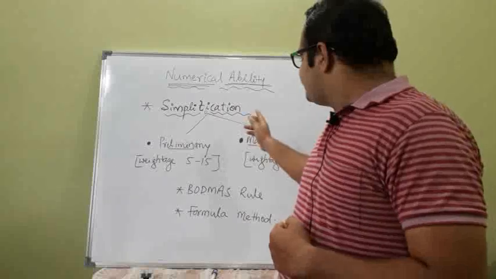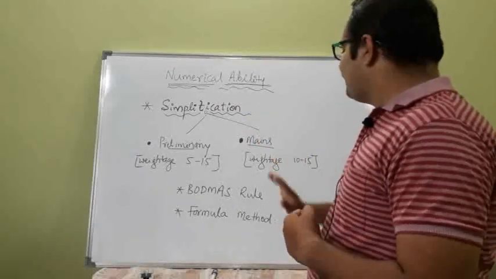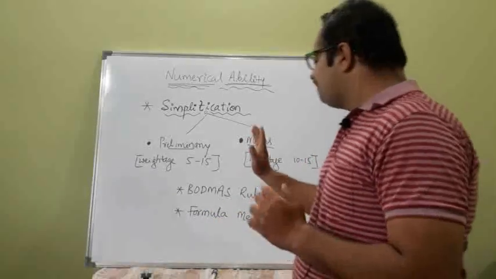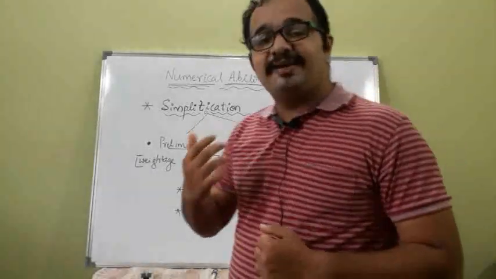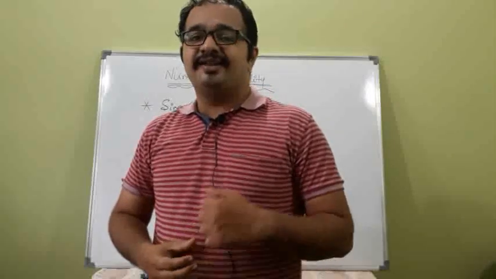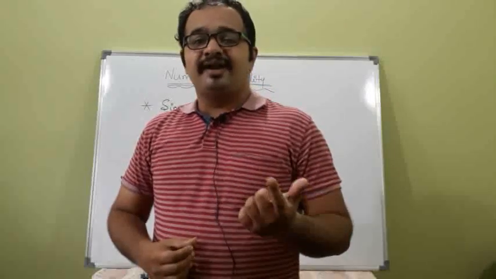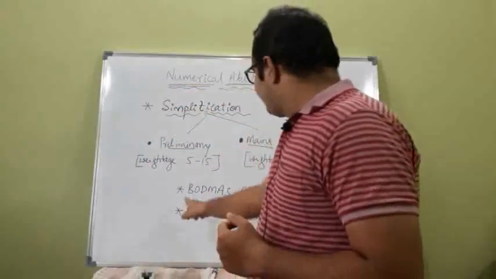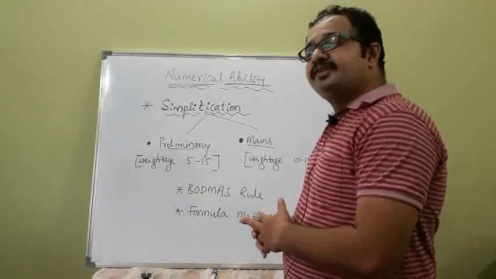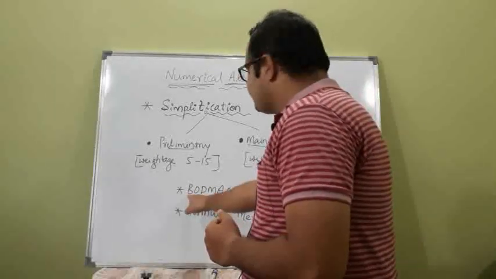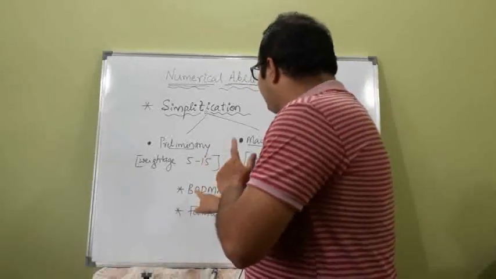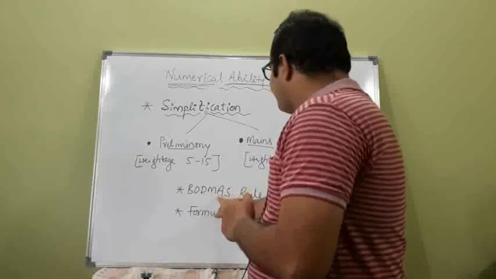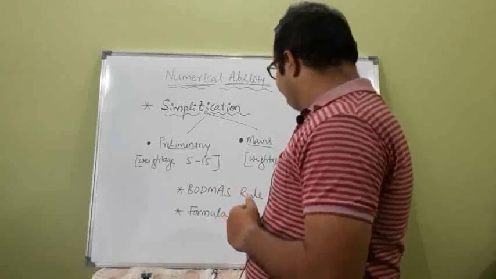In simplification, there are two main types: the BODMAS rule and the formula method. You may have heard the name BODMAS, isn't it? In primary school, high school, and at PO or +2 level. BODMAS: B stands for bracket, then of, division, multiplication, addition, subtraction.